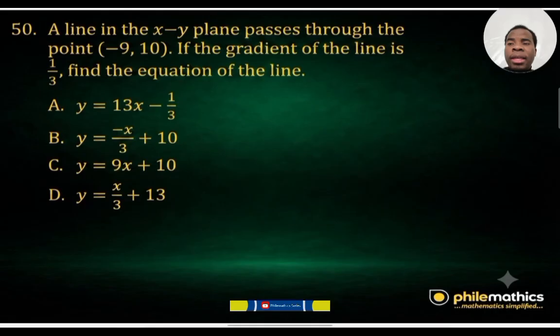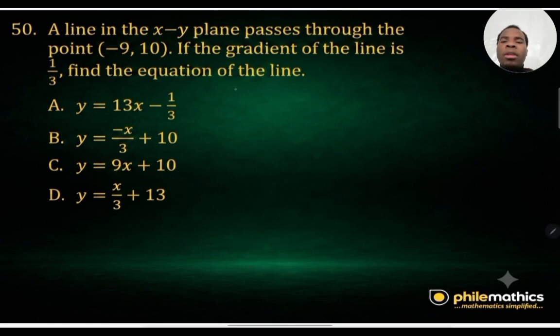This is a question on equation of a line that passes through a single point. It says, a line in the xy plane passes through the point minus 9 and 10. If the gradient of the line is 1/3, find the equation of the line. You want to recall the formula for equation of a line passing through a single point.